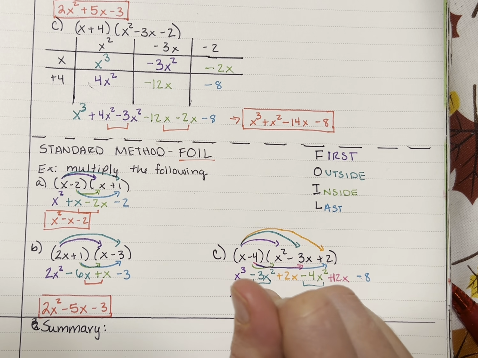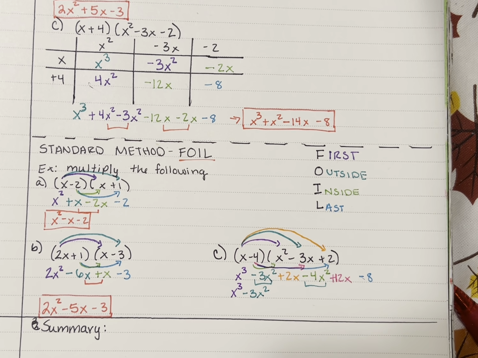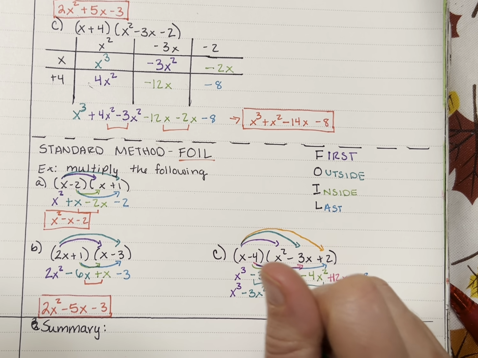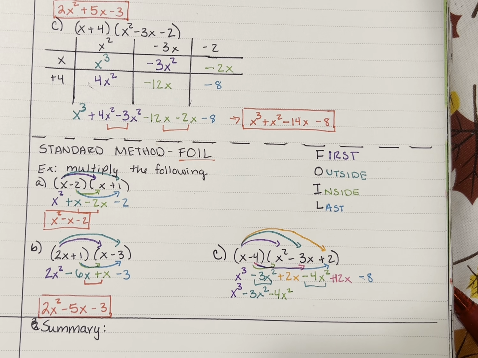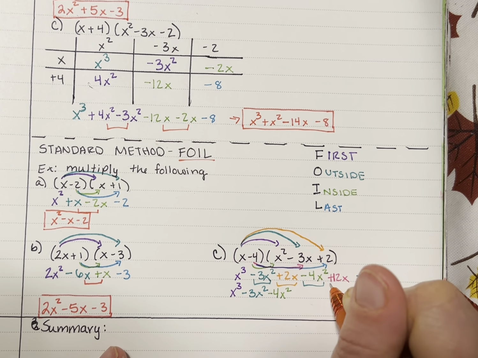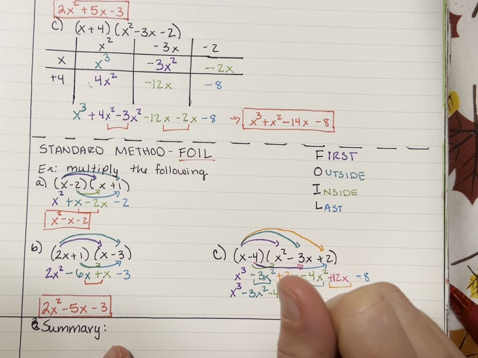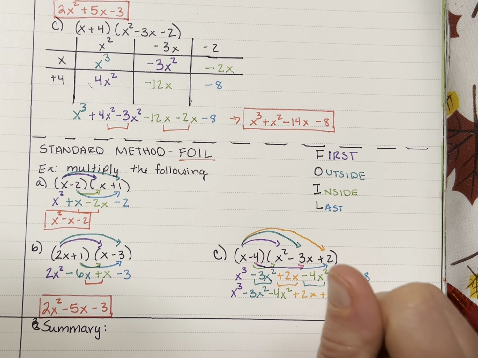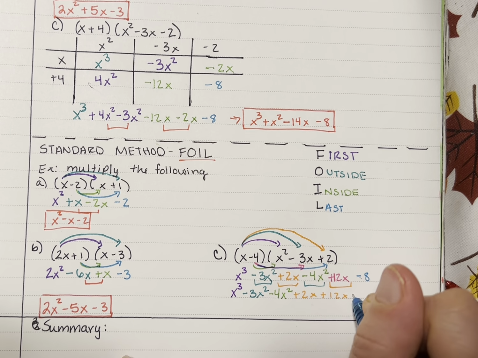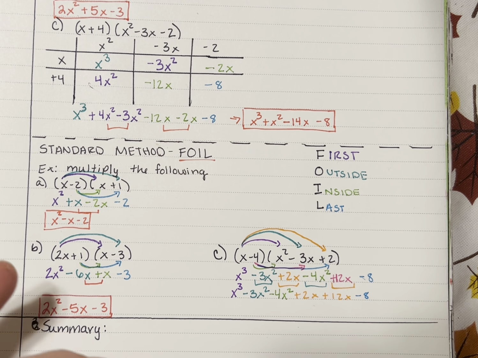So I'm going to write those together. Negative 3x squared minus 4x squared. I like to get them together so then I can combine like terms. I then have the 2x and the 12x. So we have to write that plus 2x plus 12x. And then my only constant is 8. Negative 8, actually. And so now I'm in a position where I can finally combine those like terms.